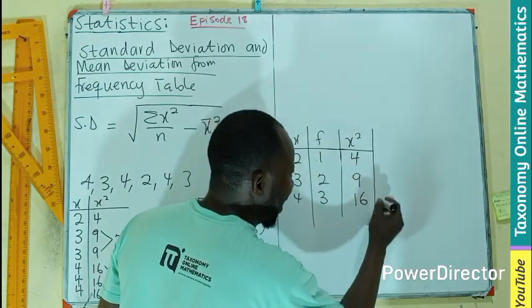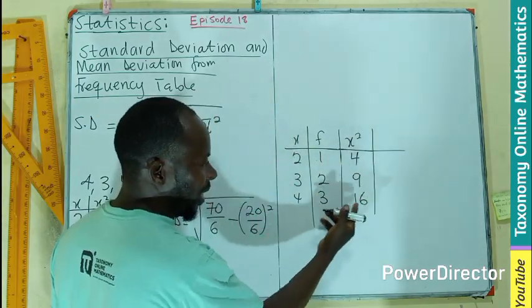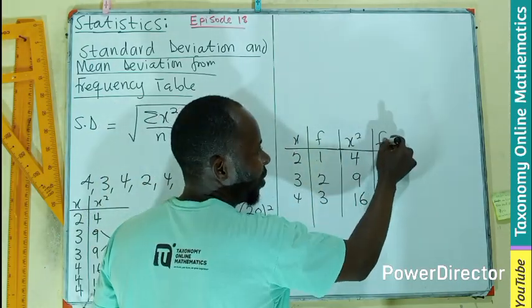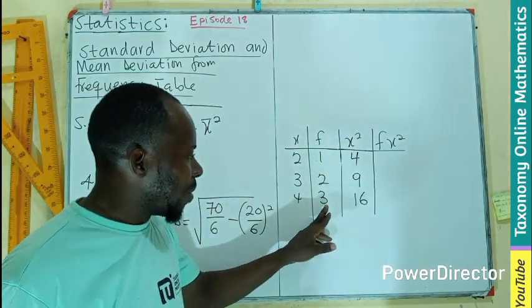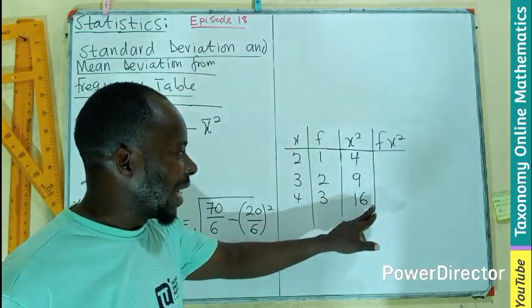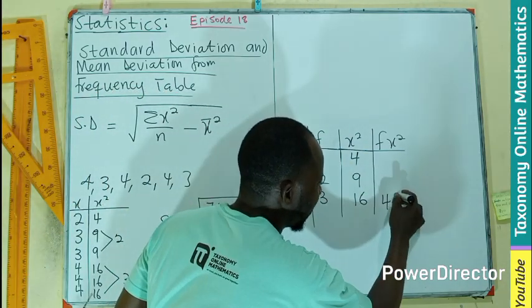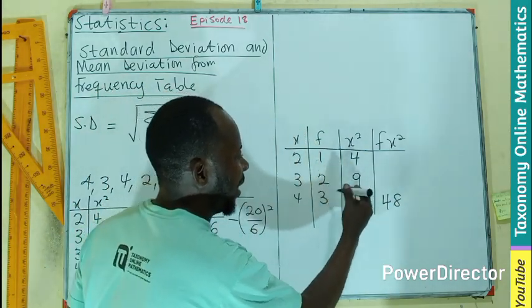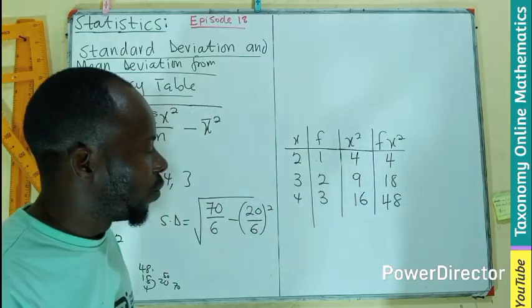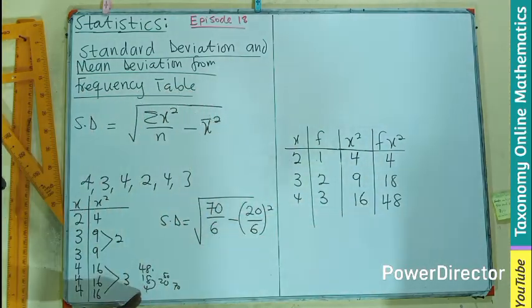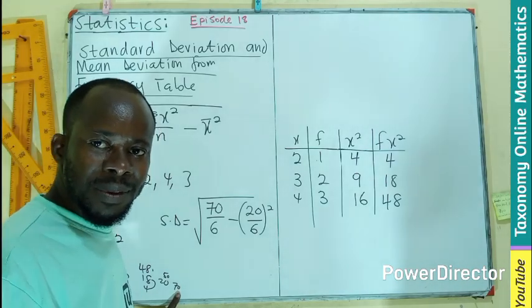So in order to get that, I need to multiply f times x squared. Multiplying gives 48 for the 16s, 18 for the 9s, and 1 times 4 is 4. If you add these, just like we added before, you get 70.